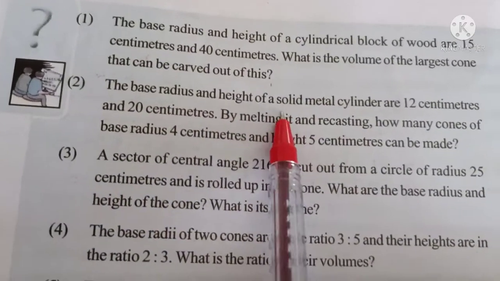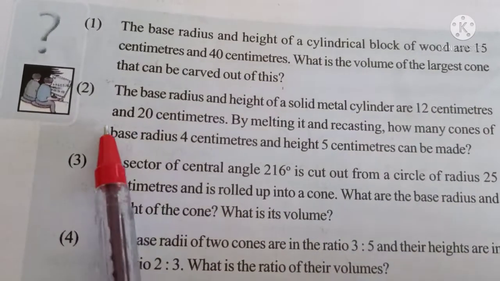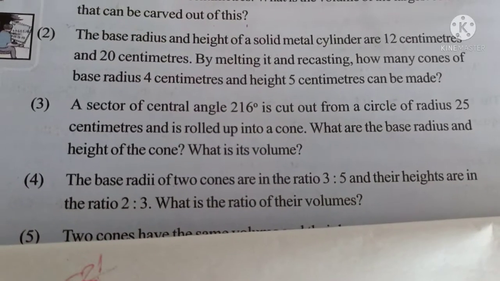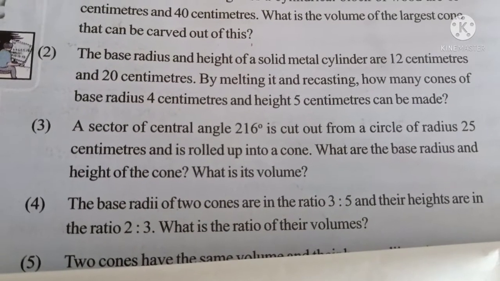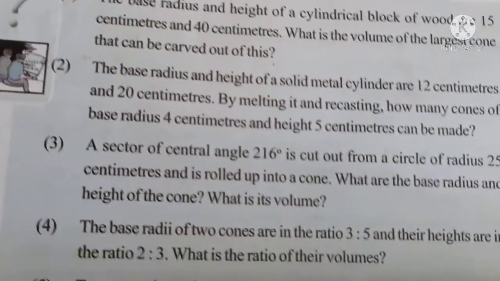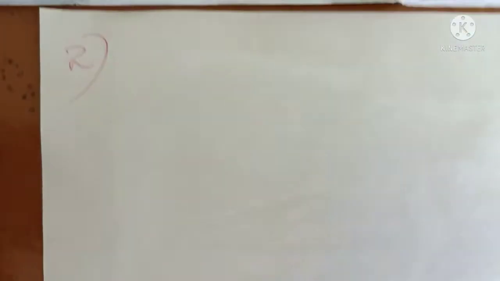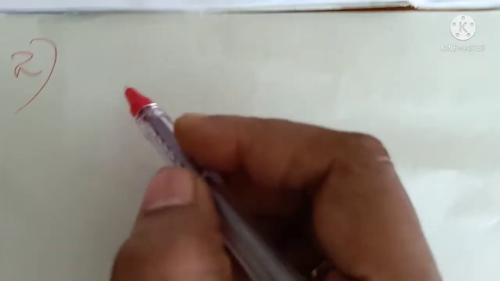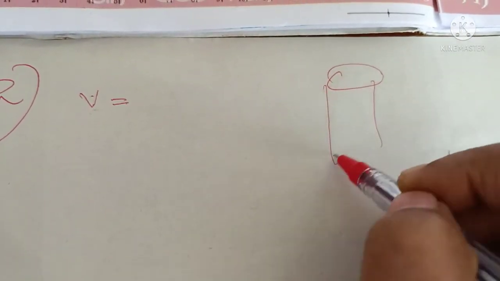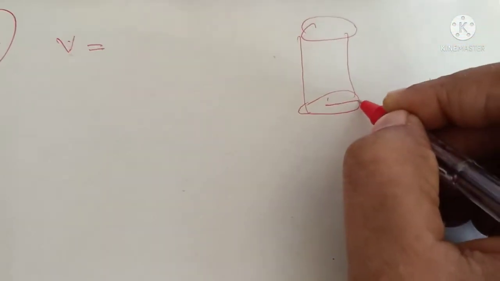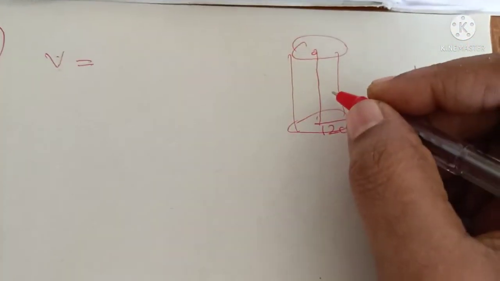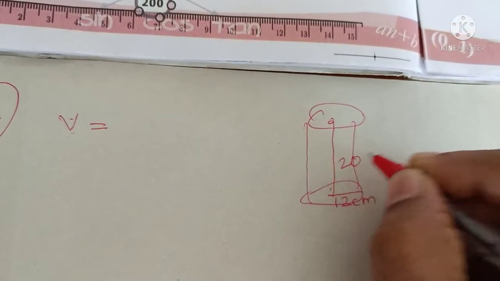Next question, the base radius and height of a solid metal cylinder are 12 cm and 20 cm. Melting and recasting. In a melting and recasting question, we always find volume. So the volume of the cylinder, this is what we call a cylinder, its base radius is 12 cm and its height is 20.